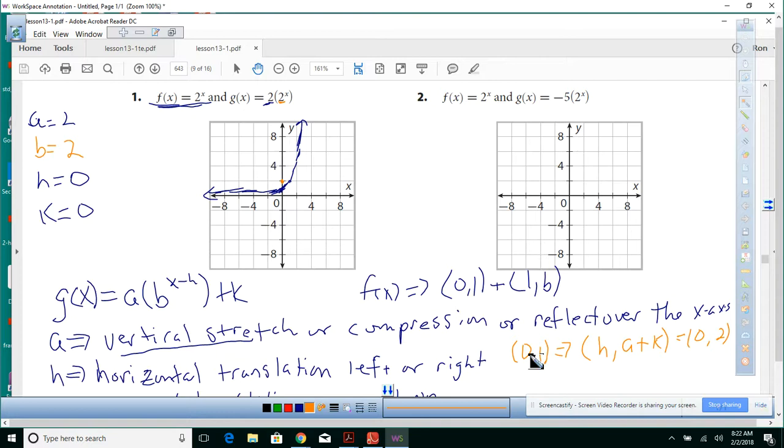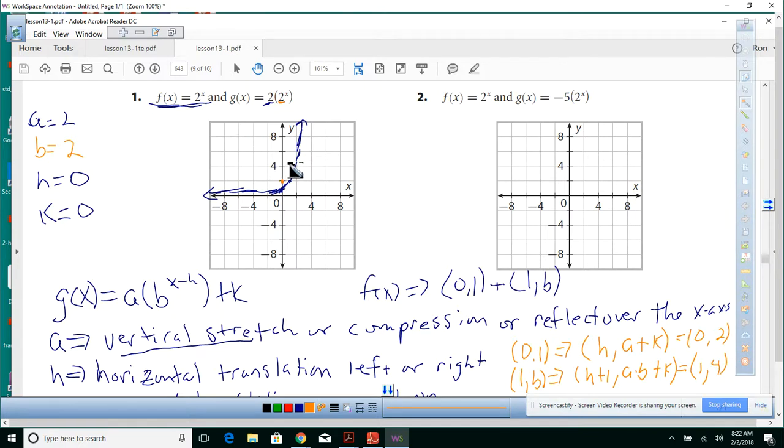All right. And then this 1, b becomes h plus 1, and then a times b plus k. So h plus 1, 0 plus 1 is 1, and a times b, 2 times 2 is 4, plus 0 is 4, and that's 1, 4.